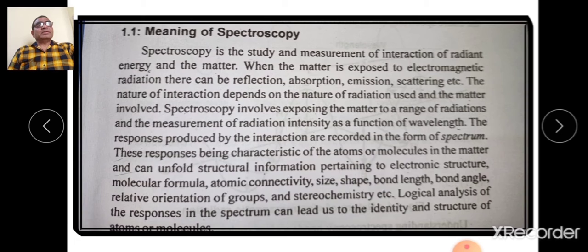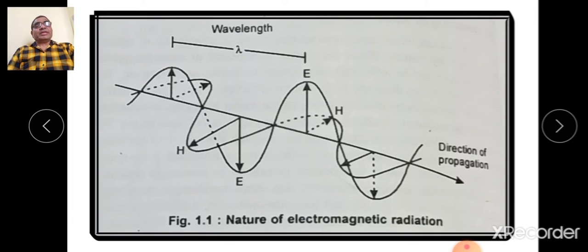Then next point is nature of the electromagnetic radiation. The electromagnetic radiation is radiant energy emitted by a source into surrounding environment.